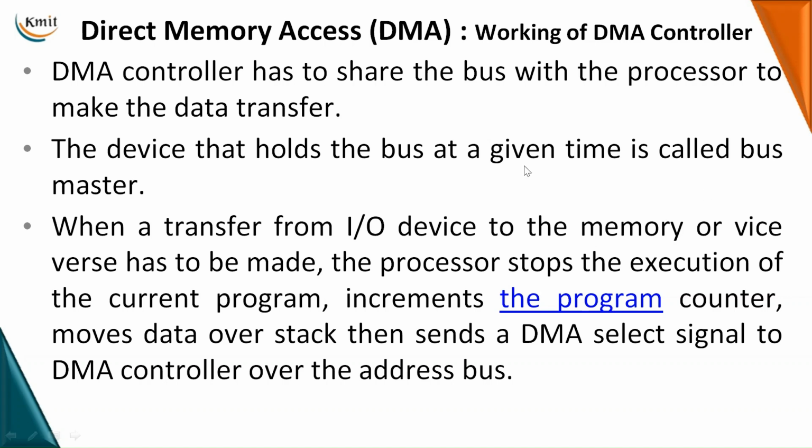When a transfer from an input output device to the memory, or memory to the input output device, has to be made, the processor or CPU will stop the execution of the current program. It will increment the program counter, store the information up to that point in a particular location of the memory or a stack, and then send a DMA select signal to the DMA controller over the address bus.